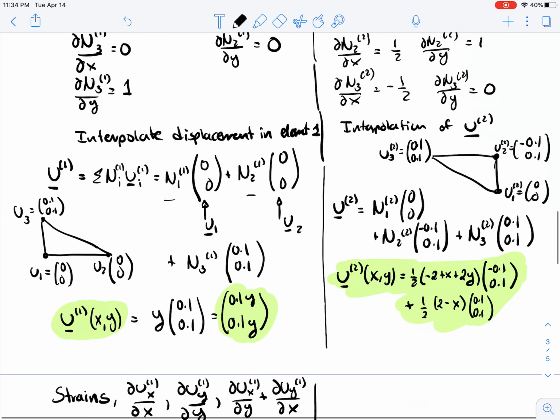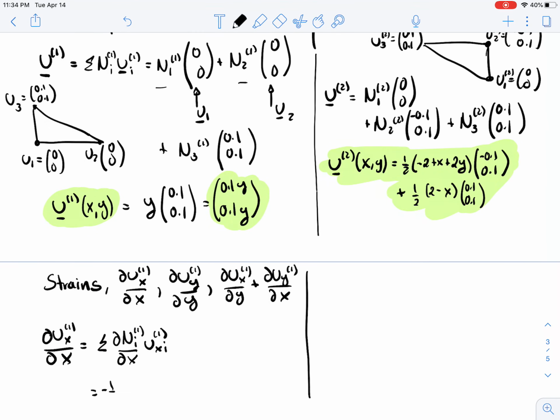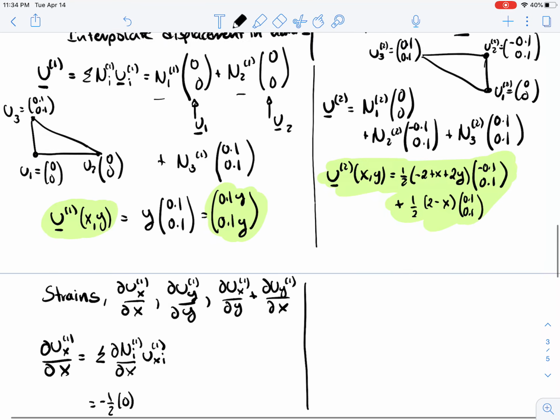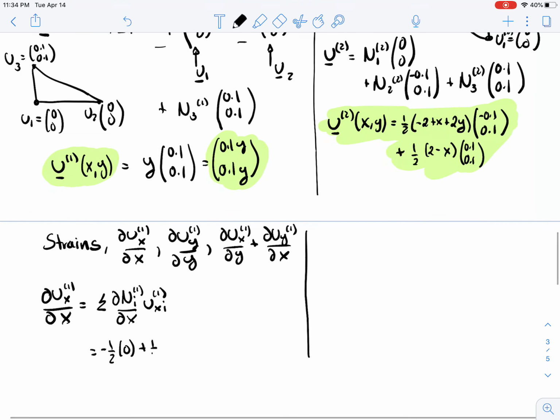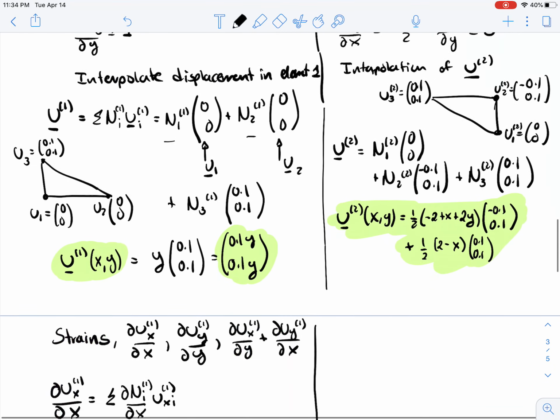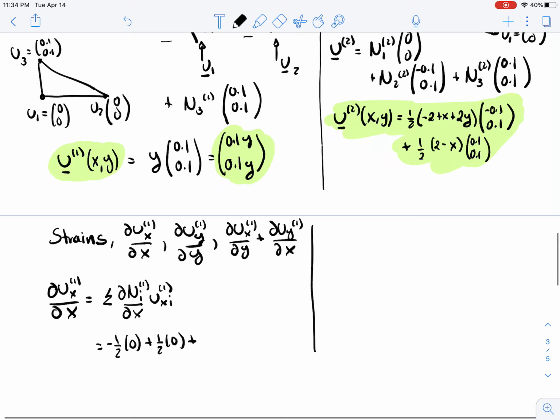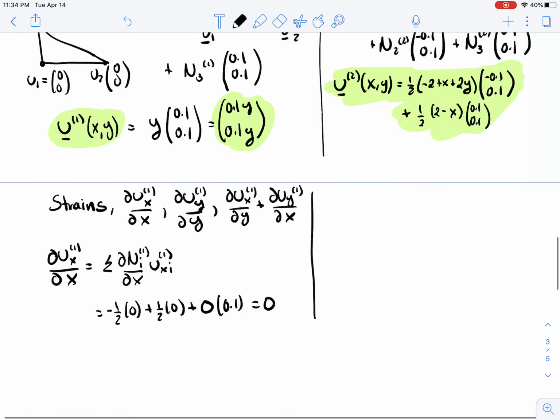So in this case, the partial derivatives of the shape functions with respect to x are, the first one is minus 1/2, but it multiplies 0. The second one is 1/2, but it also multiplies 0, so actually it doesn't matter. And the third one is 0, which multiplies 0.1, but it's 0.